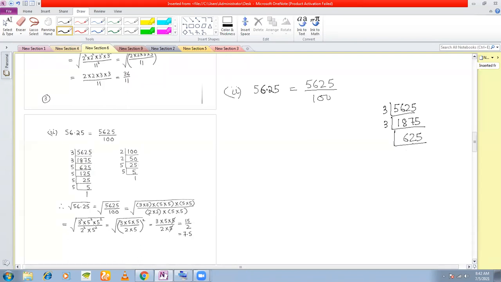Then 625 cannot be divided by 3, so you move on to the next factor, 4, which you cannot divide by. Then move on to 5. Yes, you can divide by 5. If you divide 625 by 5, you get 125, and then 25.